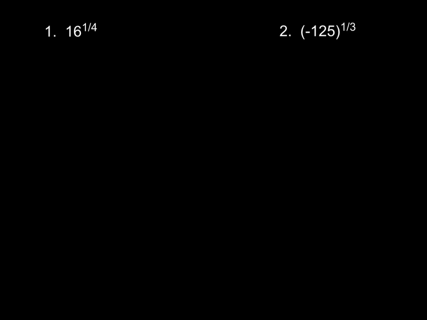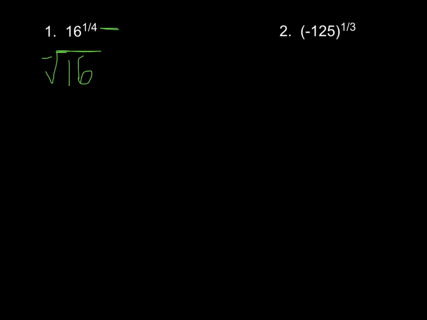All right, so if you look at number 1 in your packet, you're going to be taking notes in your packet as I go through this. So if you have 16 to the 1/4 power, basically what happens is we're going to write the number 16, and we're going to do power over root. So the root is the bottom number right here.